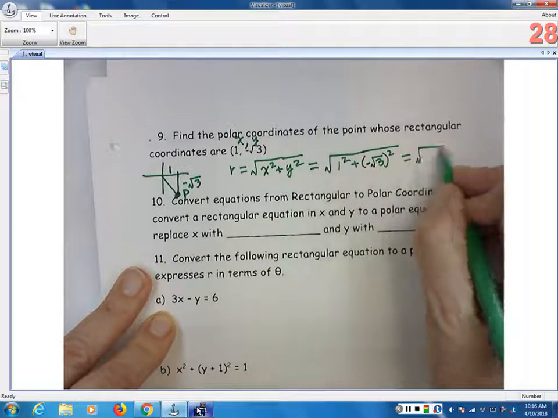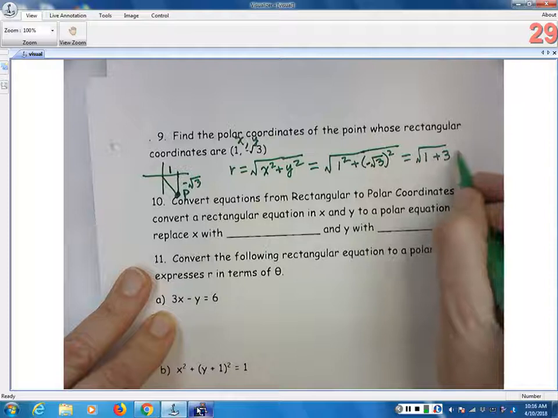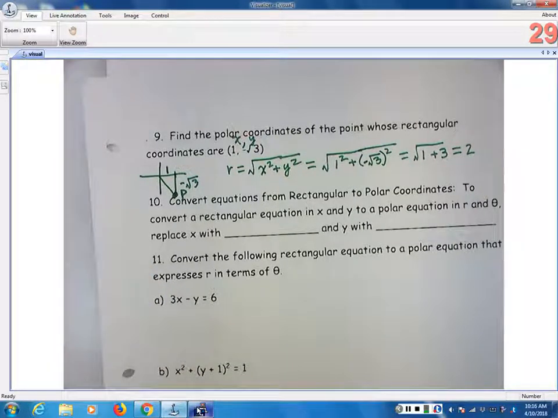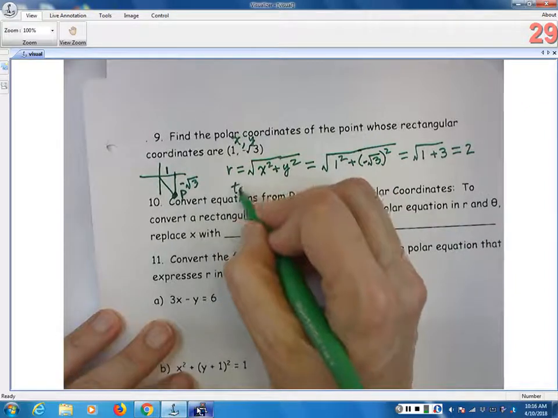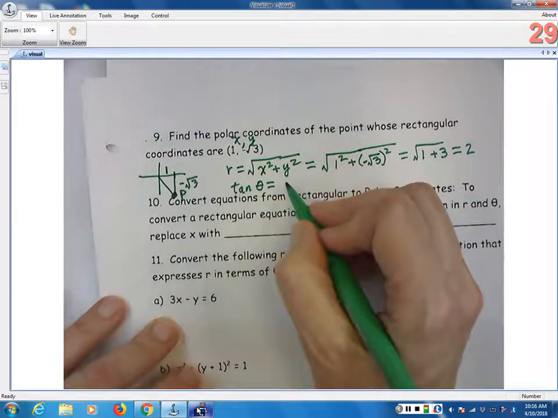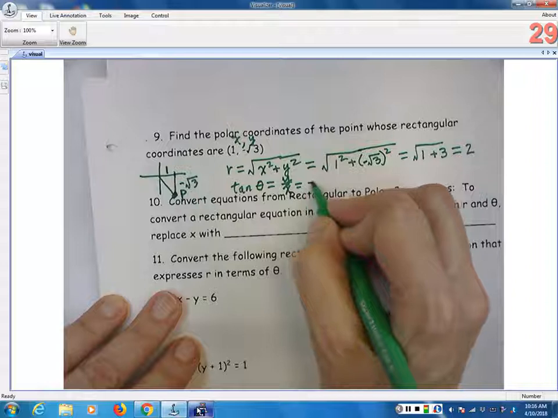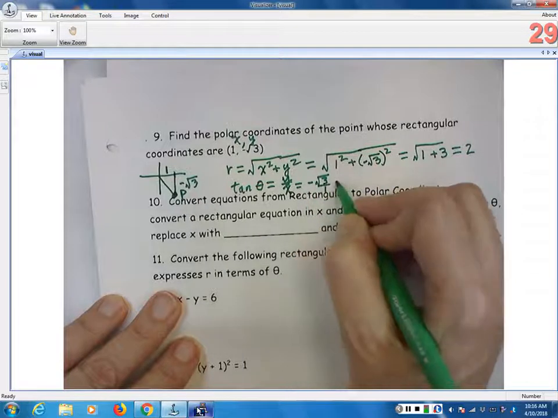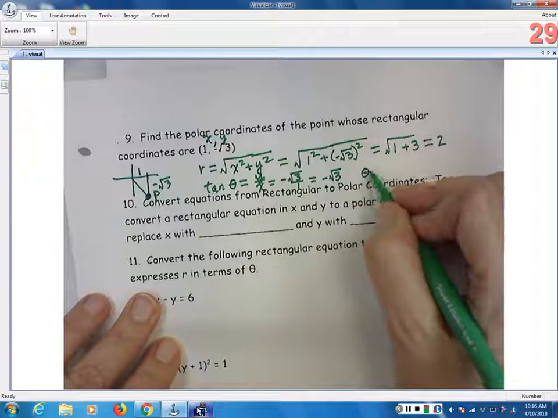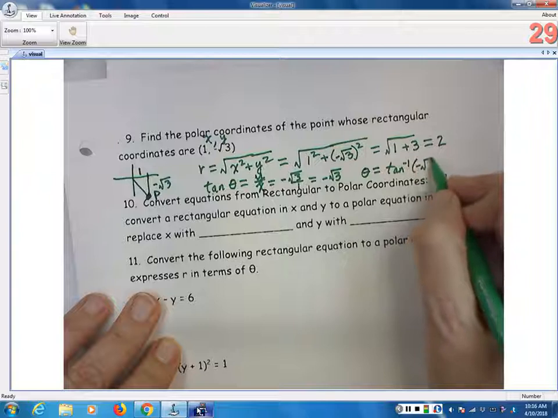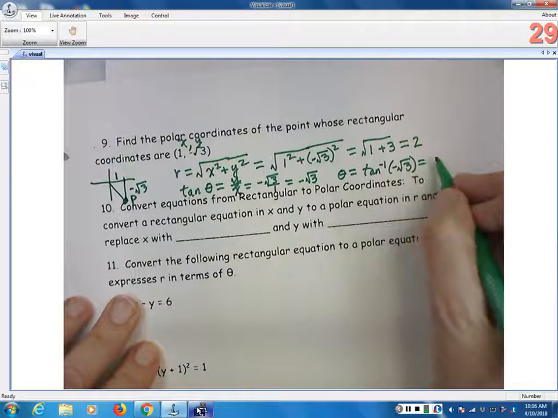That's the square root of 1 plus 3, the square root of 4, which is 2. Tangent theta equals y over x, which is negative square root of 3 over 1. And the angle whose tangent is negative square root of 3 is negative pi over 3.